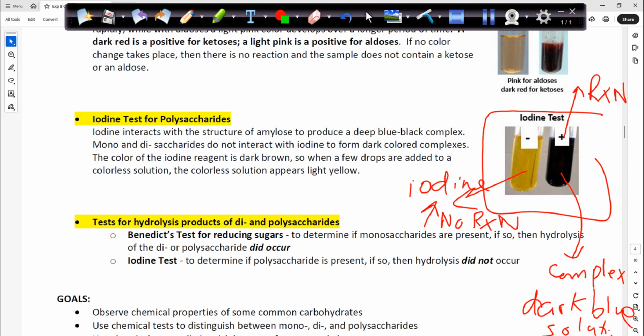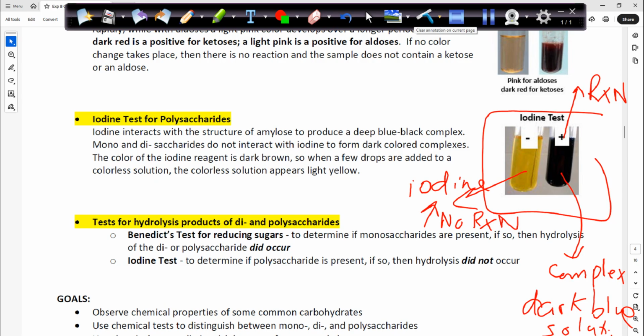So you add HCl to these carbohydrates, to these sugars, and then you put them in the boiling beaker on the hot plate, and you can break them down.